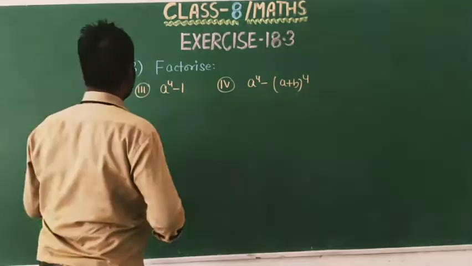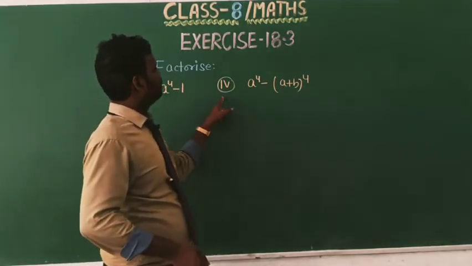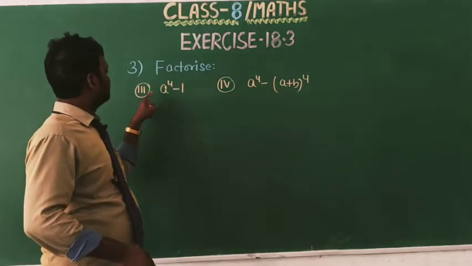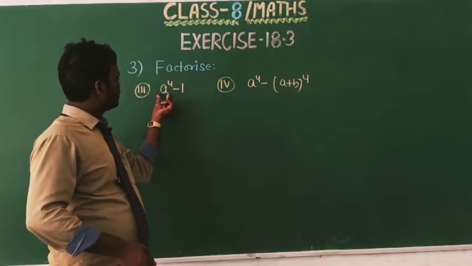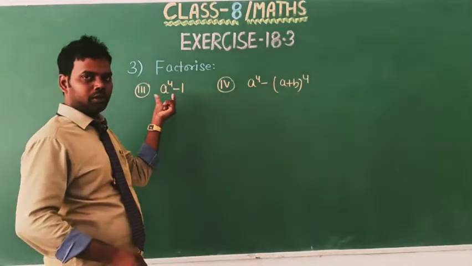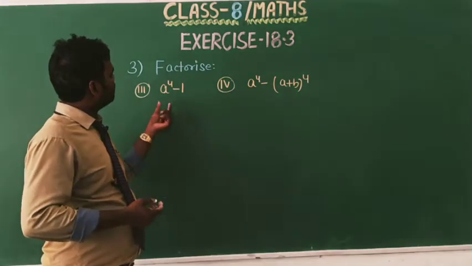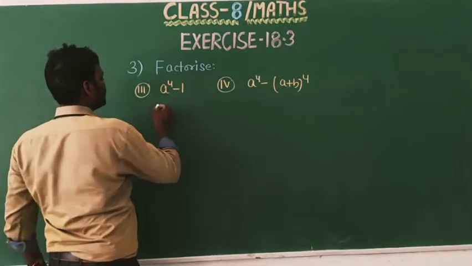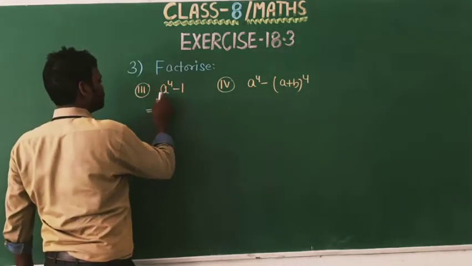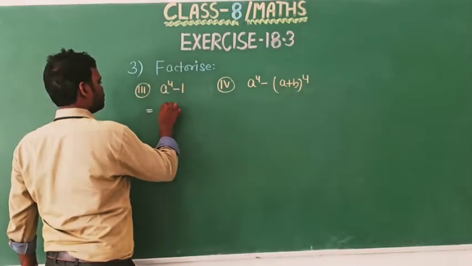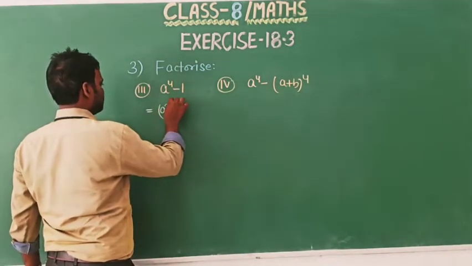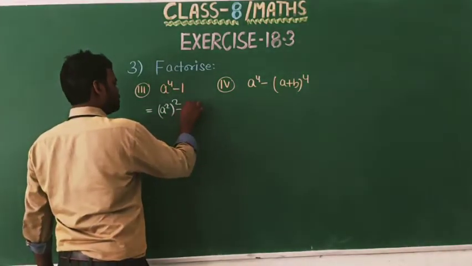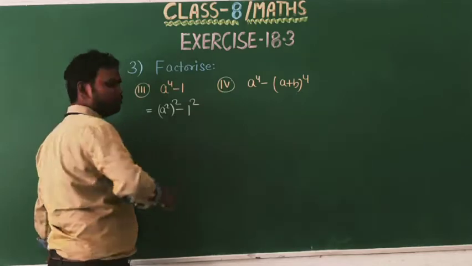Okay children, this is the third part of question number 3, a to the power 4 minus 1. Here a to the power 4 can be written as a to the power 2 of power 2 minus 1 to the power 2.